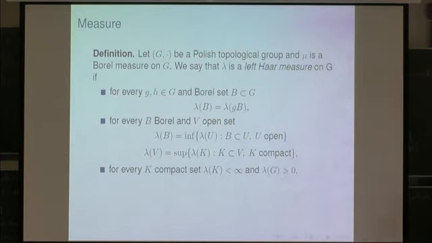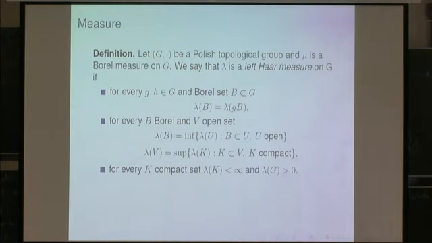So first, what is a natural measure on these groups? By natural measure, I mean left Haar measure. So what is a left Haar measure? A left Haar measure is a left invariant measure with some regularity properties.